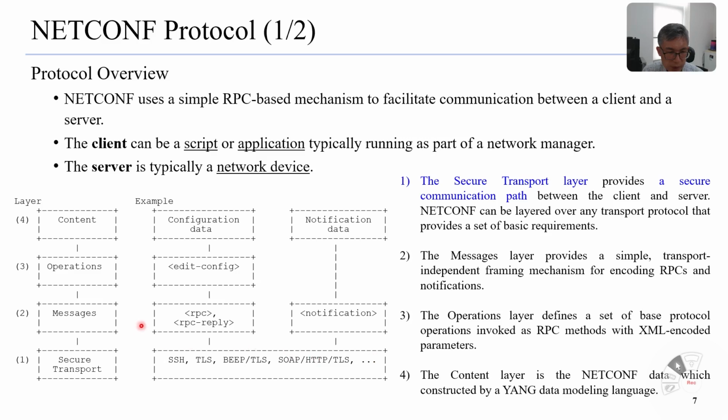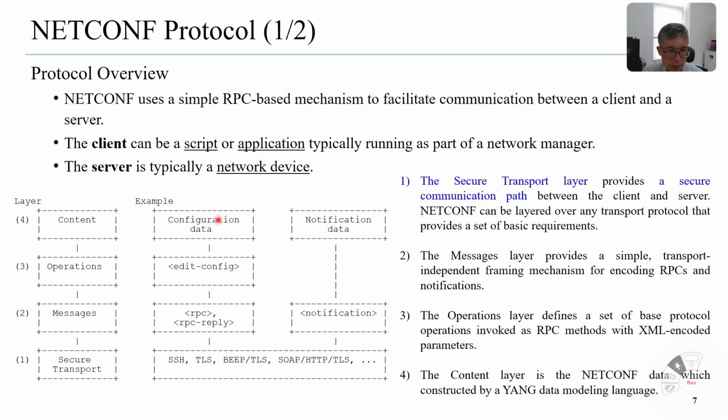On top of it, we can construct a messages layer like RPC, request and reply, and on top of RPC, we can make NETCONF edit-config, get-config or something like that, and then over this operations layer, we can deliver configuration data.